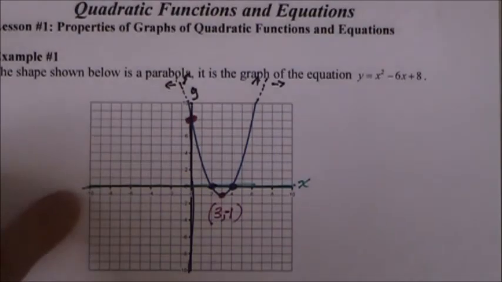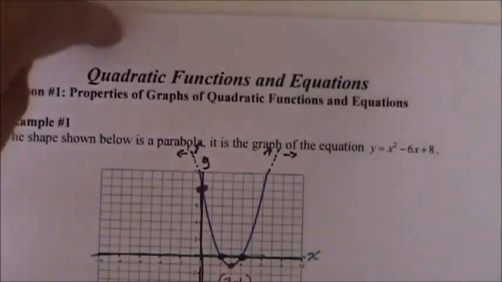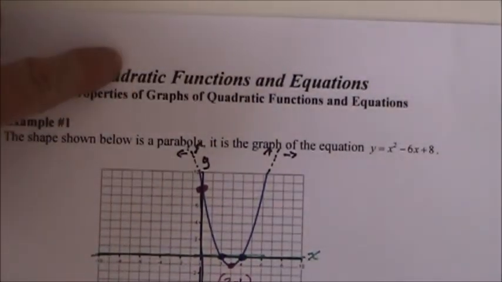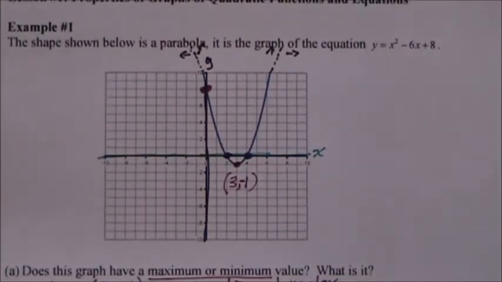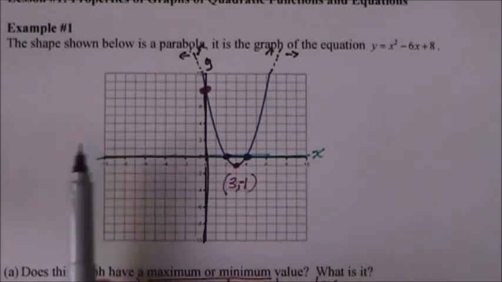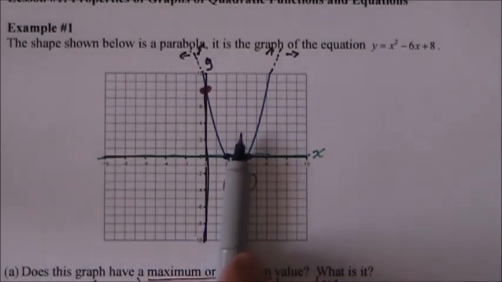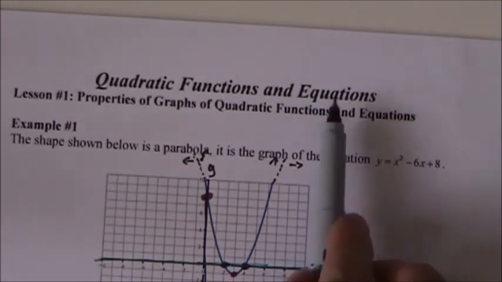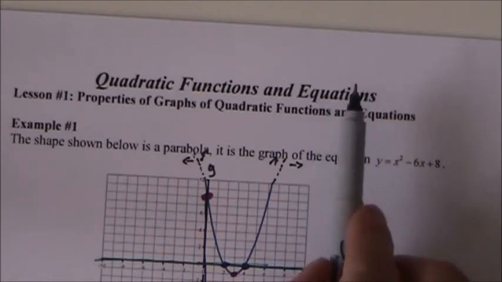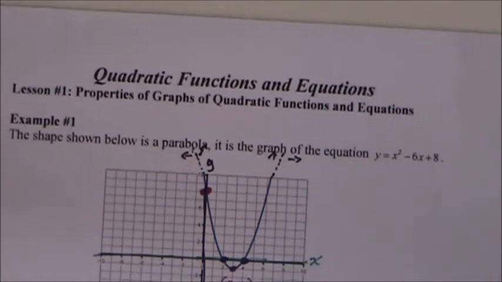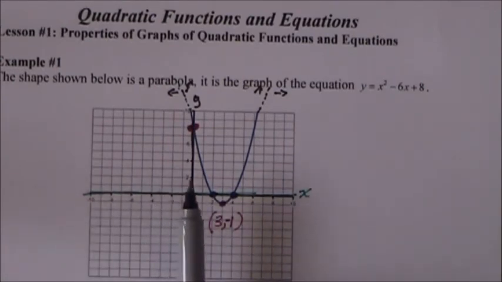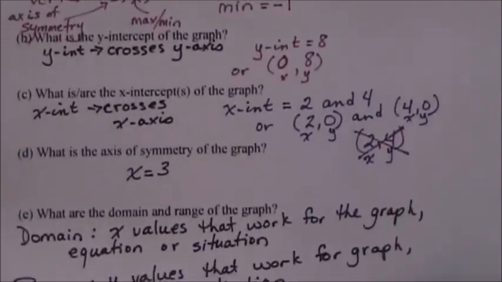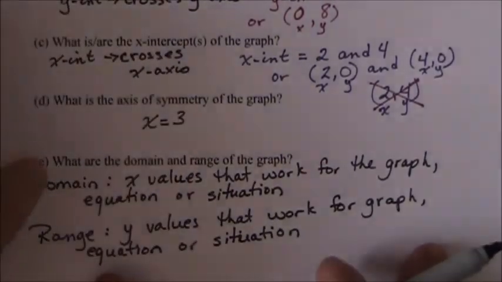So at minus 10, I might have a point that's way up here somewhere, but it would still be on our graph. So for this, all of our negative values work. Similarly on this side, it keeps going up. At 10, I might have a point way up here, but it would still be on our graph. So all of our positive values work. So all negatives and all positives would be all real numbers. So every number that exists works.